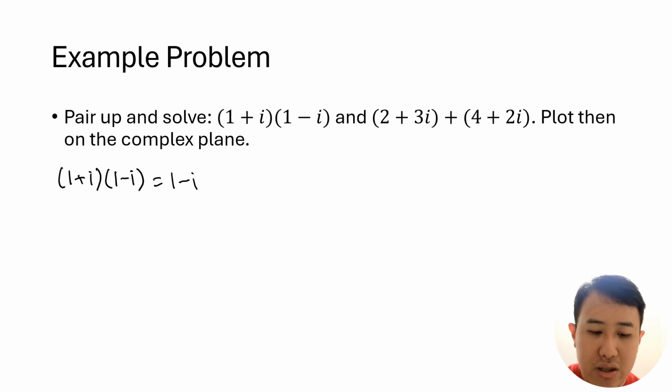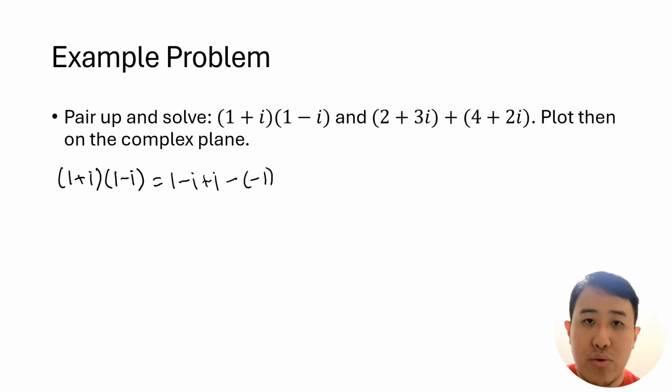As a result, it will be plus i minus i squared, that is minus 1, because i squared is minus 1. So as a result, it will be 2.